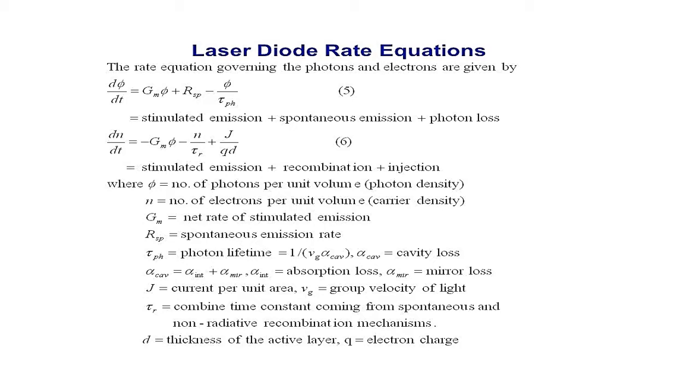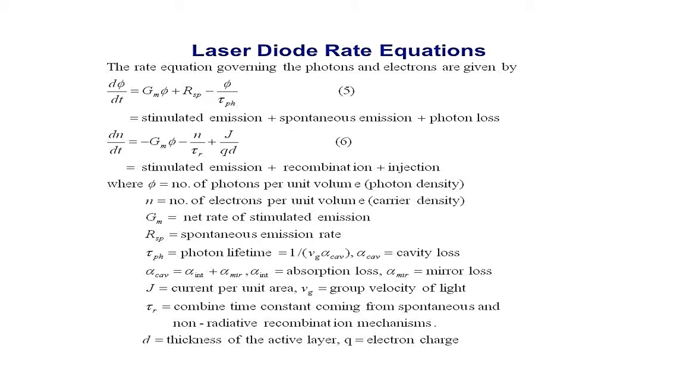Gm is the net rate of stimulated emission, Rsp is the spontaneous emission rate, and τph is the photon lifetime, that is equal to 1 divided by Vg α cavity, where α cavity is the cavity loss. α cavity is equal to α internal plus α MTR, where α internal is the absorption loss and α MTR is the mirror loss.